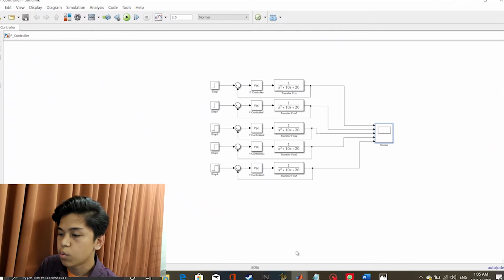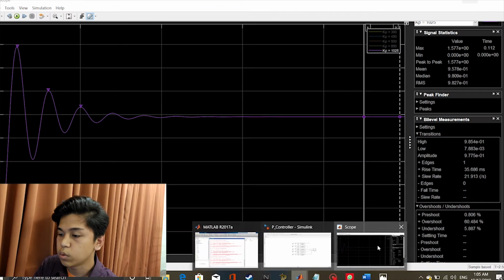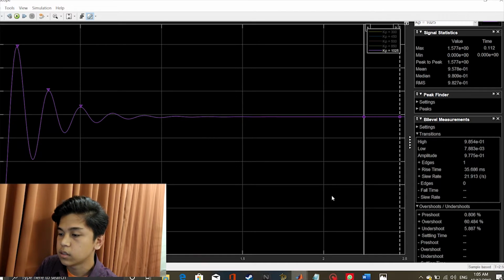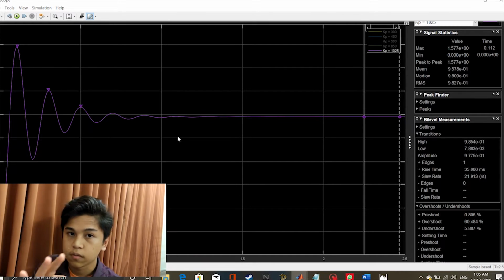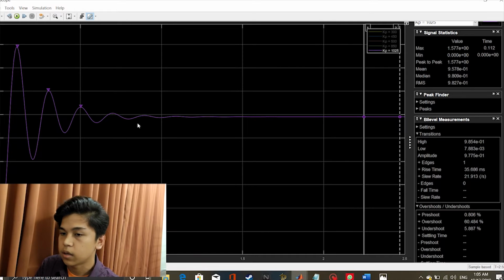When we run the simulation of the P controller, we get the output graph that shows 3 points. First is rise time, second is steady state error, and lastly overshoot.